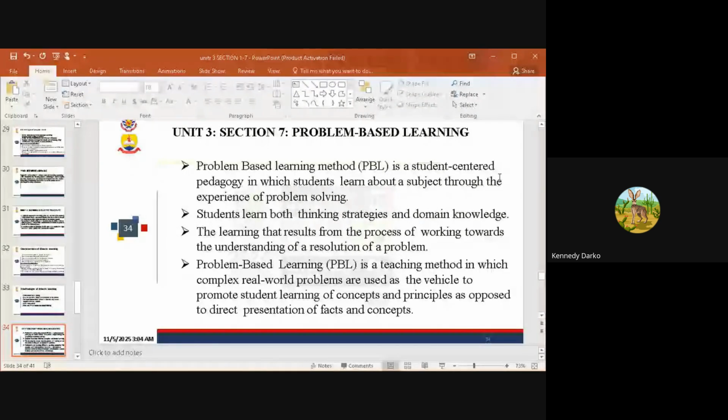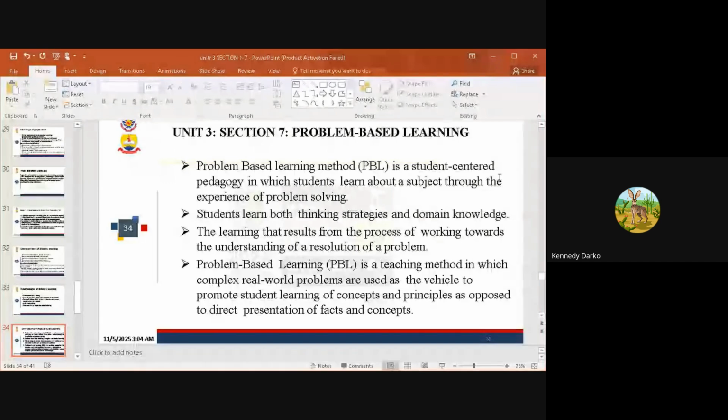Now, students learn both thinking strategies and domain knowledge. The thinking strategies, the main knowledge that we want them to get, they also learn it. They learn how to get all this knowledge and try to relate it. The learning results from the process of working towards the understanding or resolution of a problem.